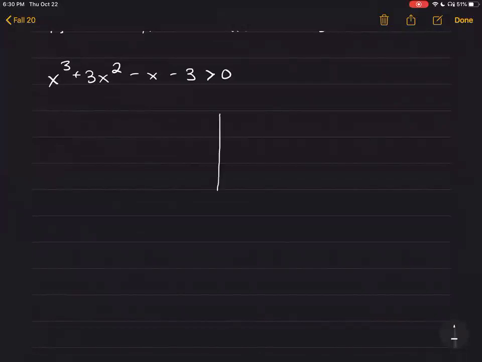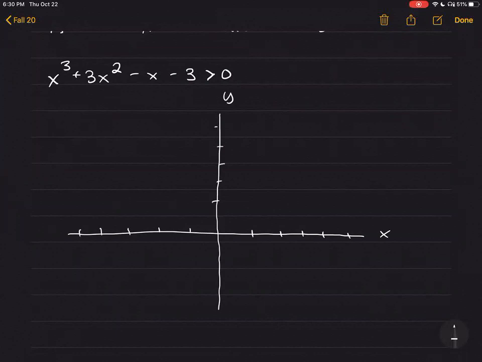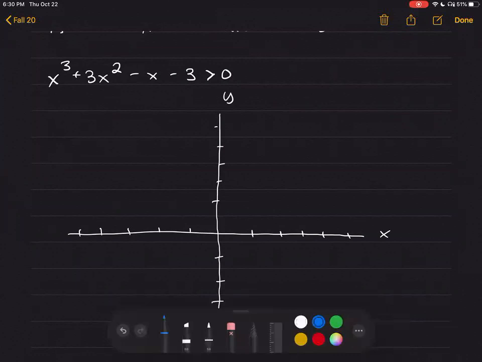We are going to use this nice picture that I'm going to attempt to draw in a clear fashion. X, Y, and so if we're going to let this over here be our f of x, and our g of x is going to be the constant function 0.